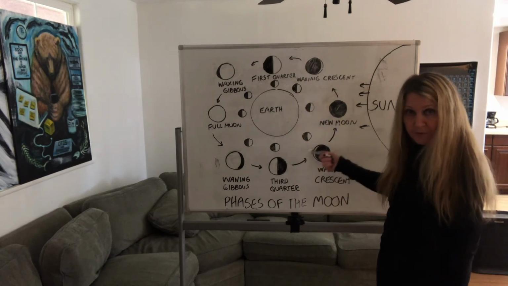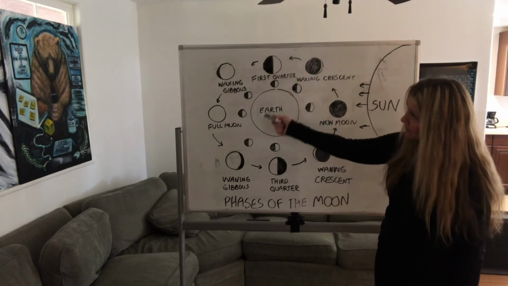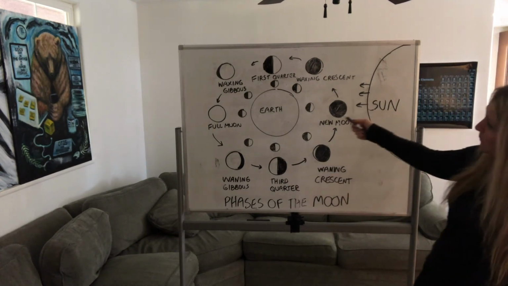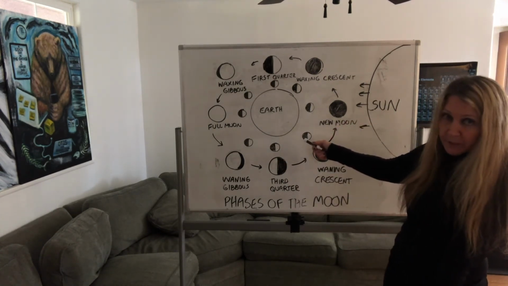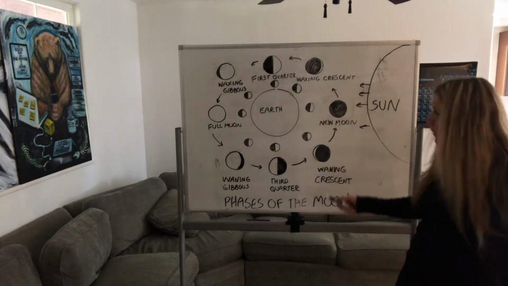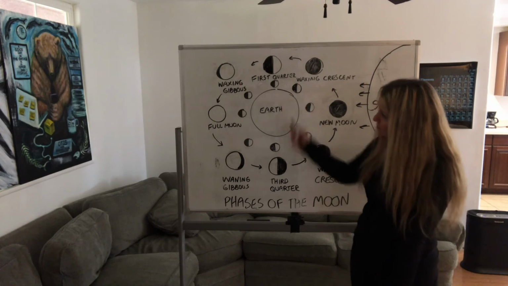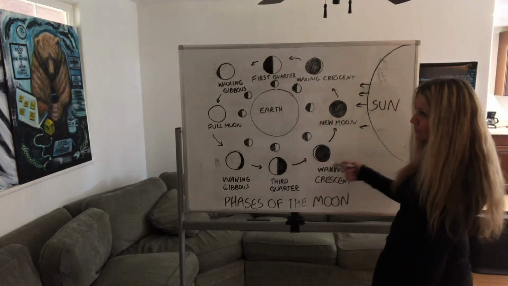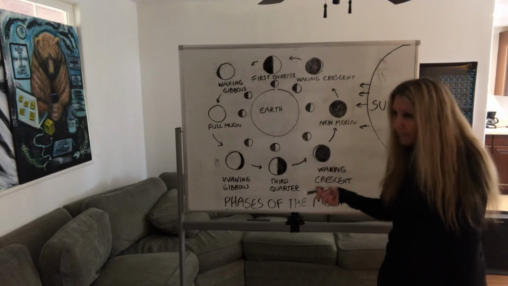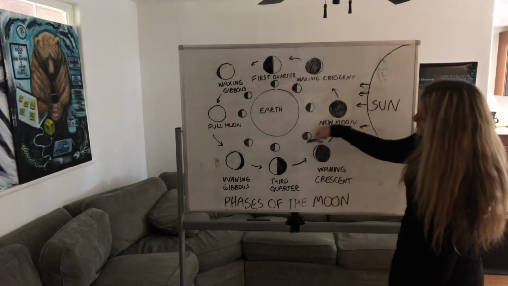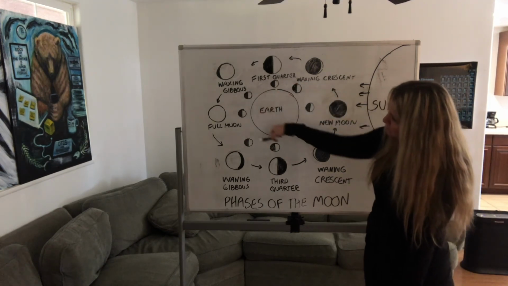You'll notice there are no phases. Because really, think about it. Half of the moon is going to be illuminated because of the sun, and the other half is going to be in shadow. We just see the phases because we're on Earth, and the moon is going around the Earth. But from space, this is what the moon cycle would look like.